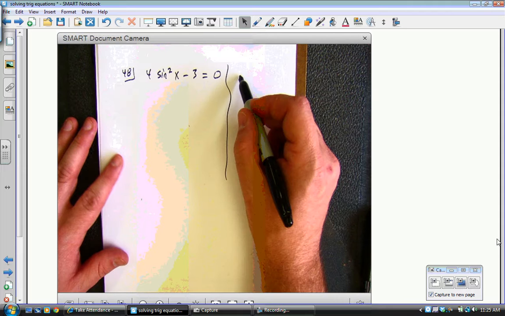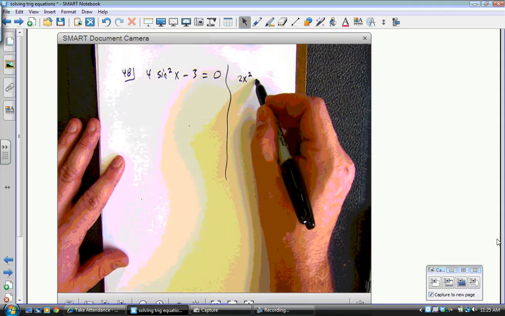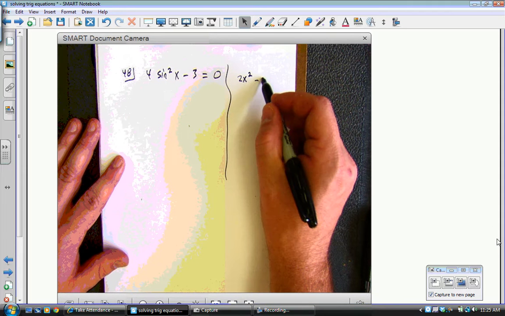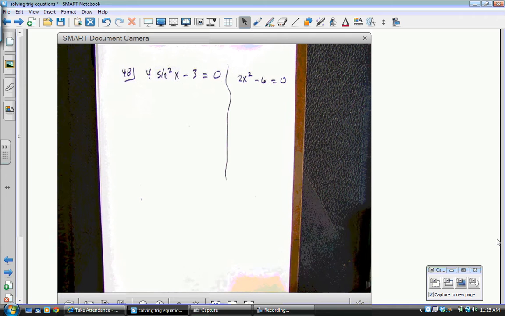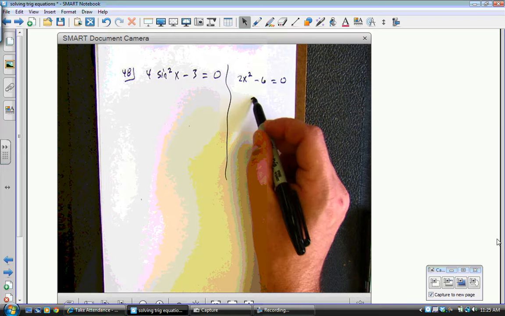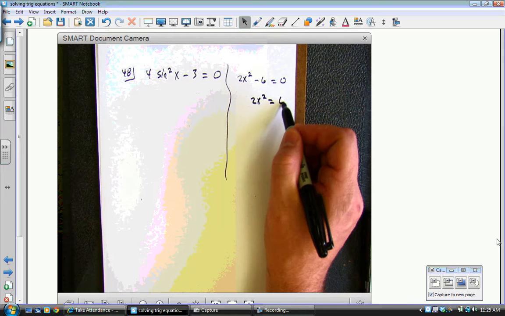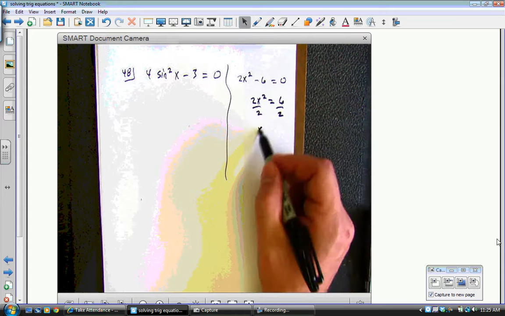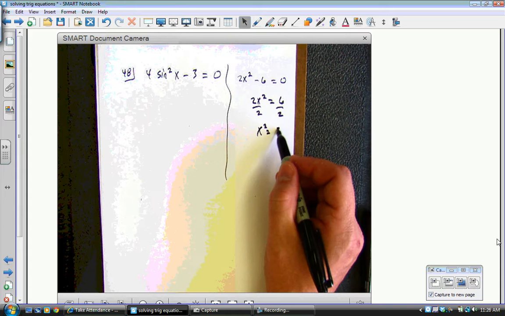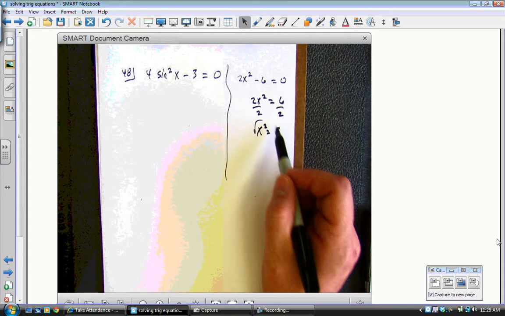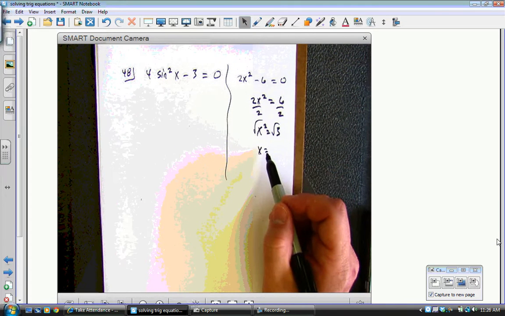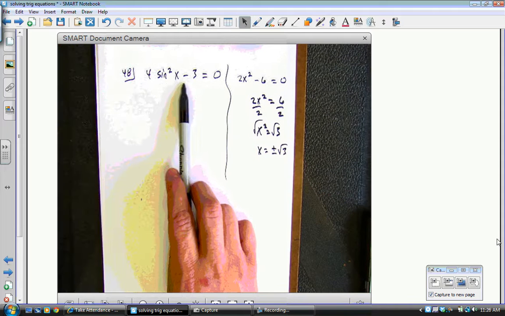What if I have like 2x squared minus 6 equals 0? We don't really need factoring to solve that. We can just solve it, right? Take the 6 over, then what? Divide by 2. So that's 3, and then we take the square root of both sides. But right, the plus or minus is important. We'll need that. So it'll be plus or minus square root of 3.